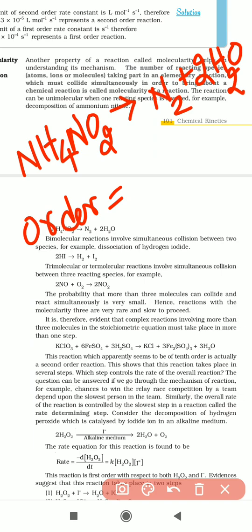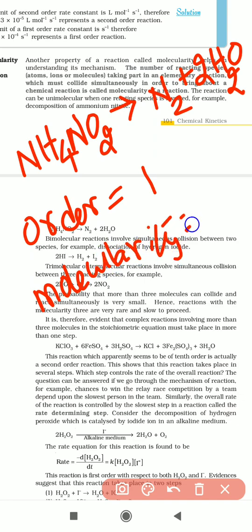Only 1 mole of ammonium nitrite is there. Therefore, the order of reaction is 1. What is the molecularity for this equation? How many reacting species are present? Here only 1 mole. So therefore molecularity is 1.